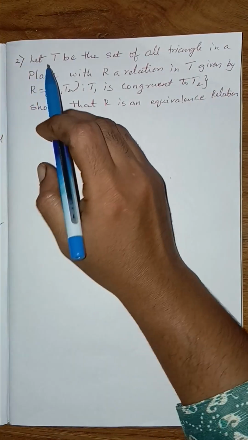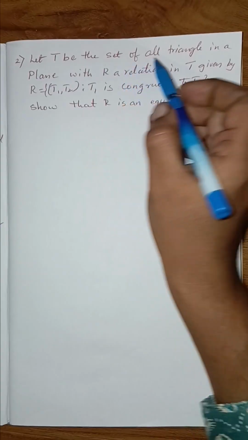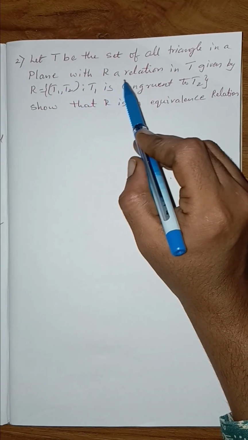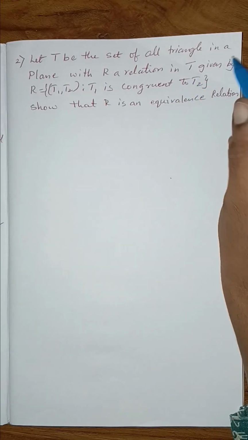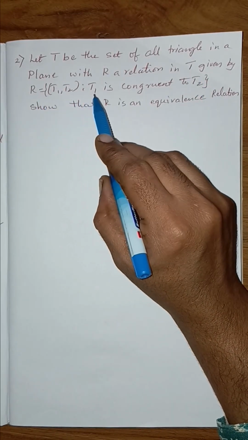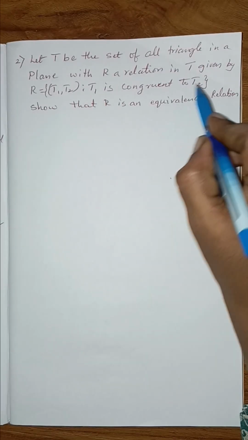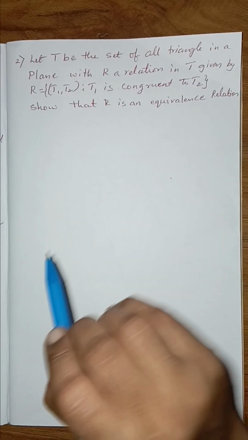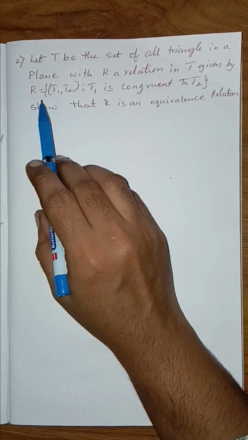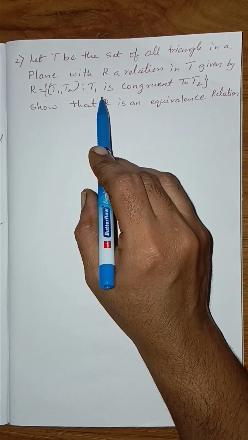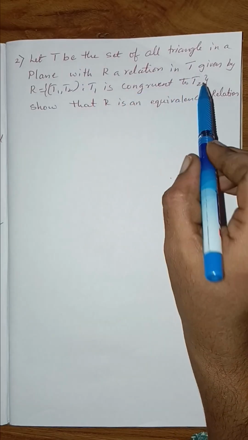The second example: let T be the set of all the triangles in a plane with R a relation in T given by R is (T1, T2), that is T1 is congruent to T2. Show that R is an equivalence relation. So here they have given us a relation telling that T1 is congruent to T2.